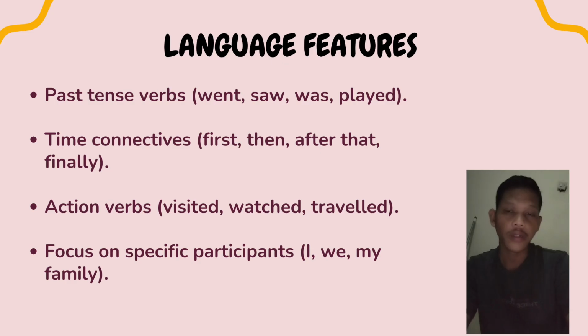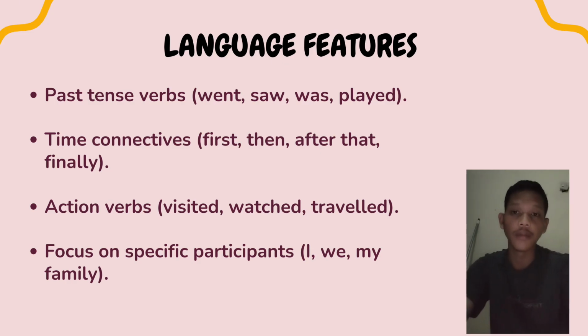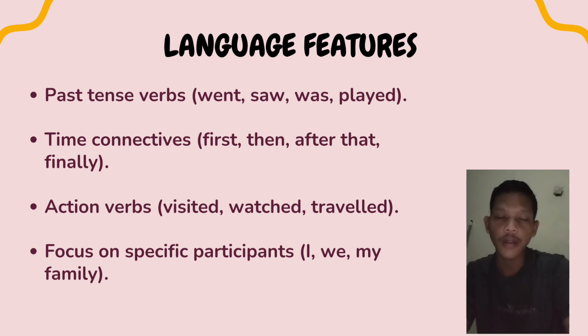An example of the past tense is verb two, right? Because based on the formula of past tense, we use subject plus verb two and object for simple past tense. We do not use verb one like go.